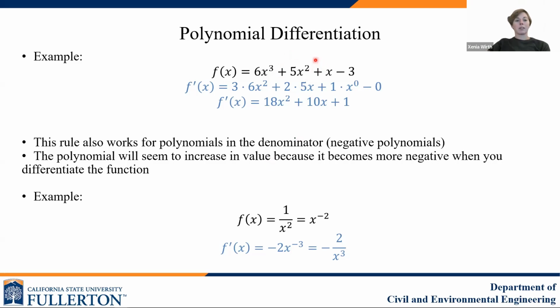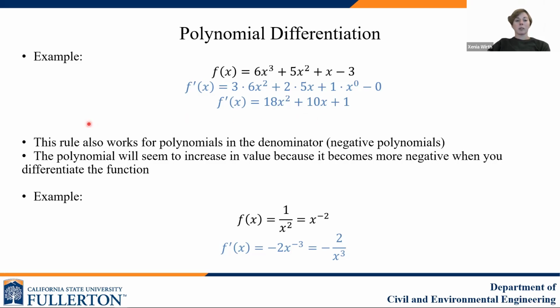Do the same thing for 5x squared. You bring the 2 to the front, 2 times 5. And then 2 minus 1 is 1, so you have x. The derivative of x by itself is 1, so you have 1. And the derivative of a constant is 0, so that term will cancel out. So your final derivative here is 18x squared plus 10x plus 1.